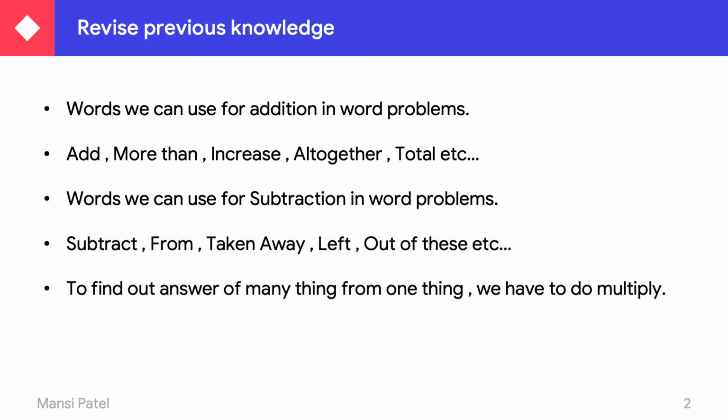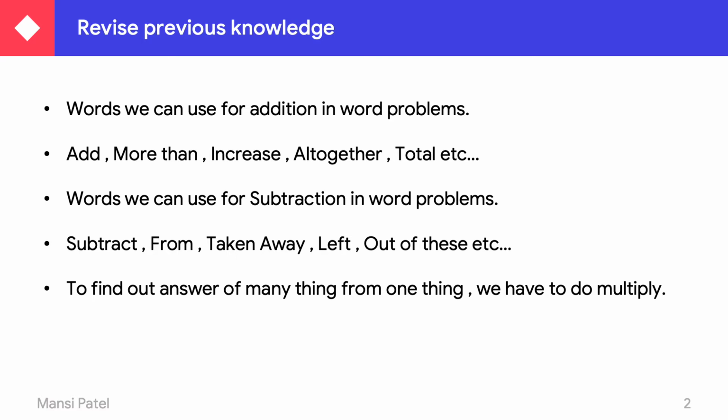To find out the answer of many things from one thing, we have to do multiplication, as we already studied this in chapter number 1, Building with Bricks.